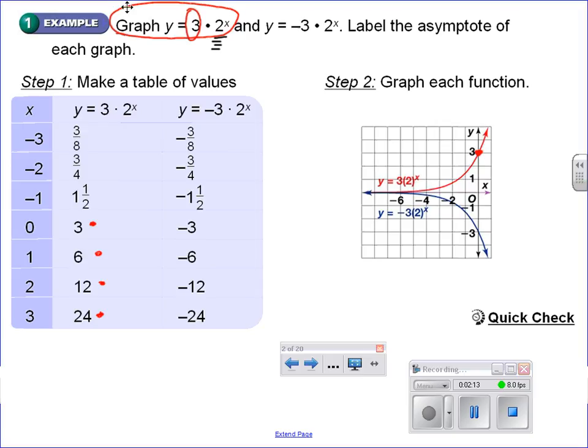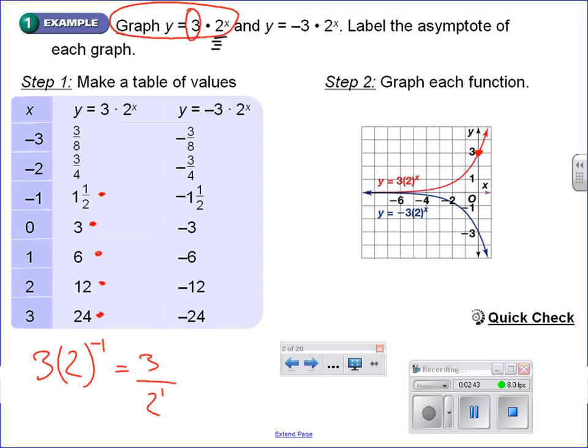When x gets to be -1, so 3 times 2 to the -1. So I put -1 in that exponent spot. We all know from our work with exponents that that's 3 over 2 to the first, right? So that's 1 1/2. That gets us this number right there.